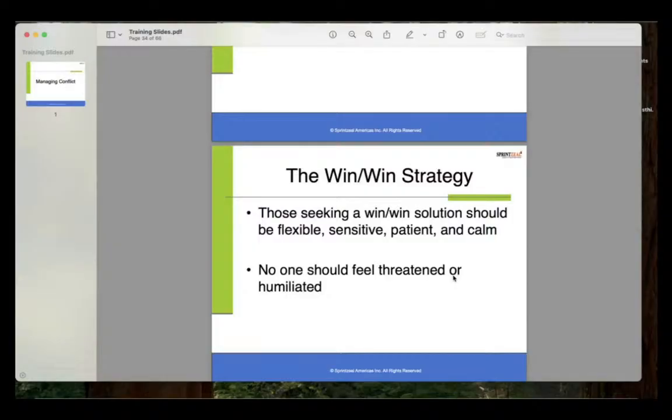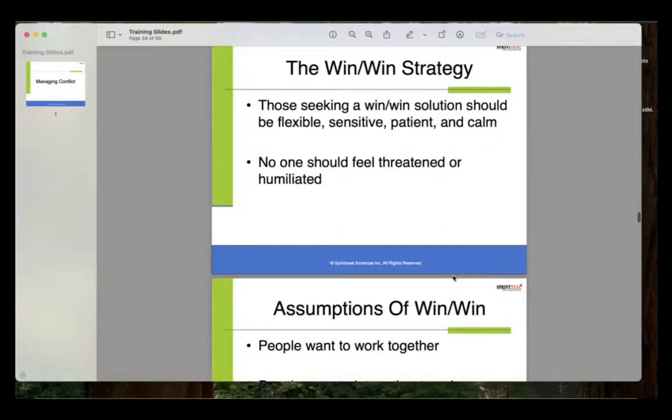Maybe they have a different opinion, but they should still be sensitive and considerate towards the other parties. Also, all the parties should not feel threatened or humiliated in the whole process, because as the name suggests, this is a win-win strategy. So it should be a win-win for all the interested parties. Okay, I hope this is clear.